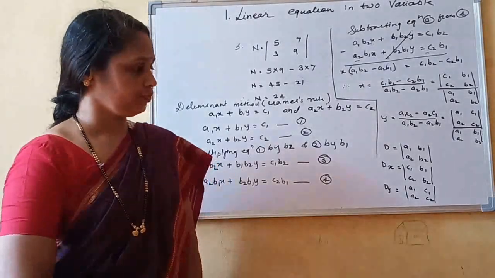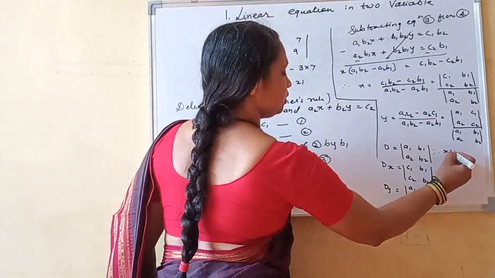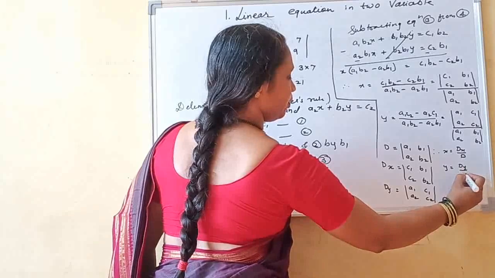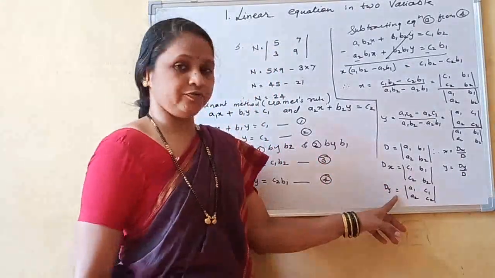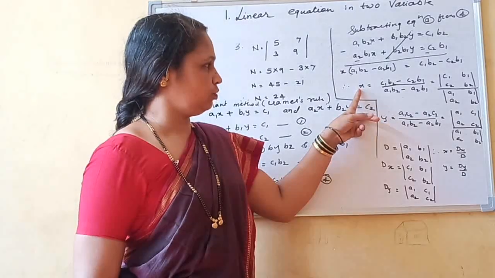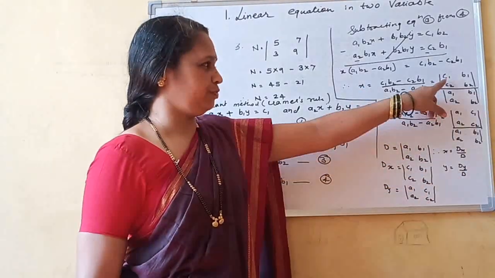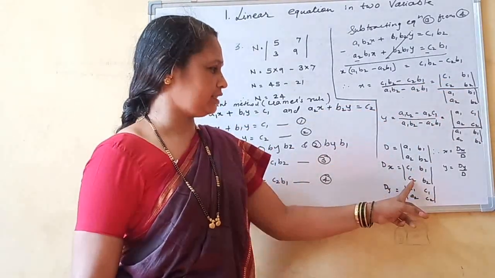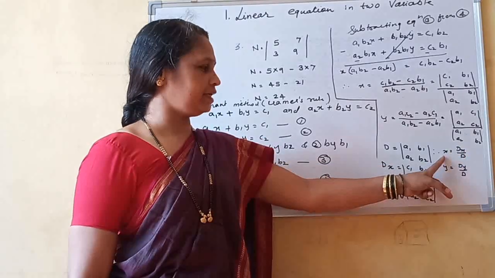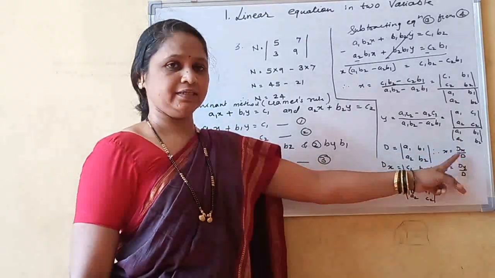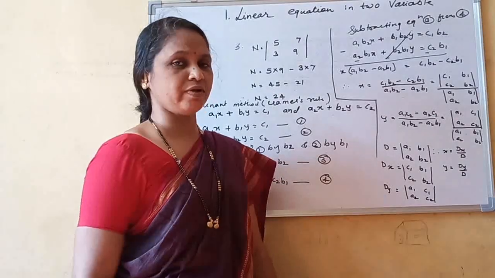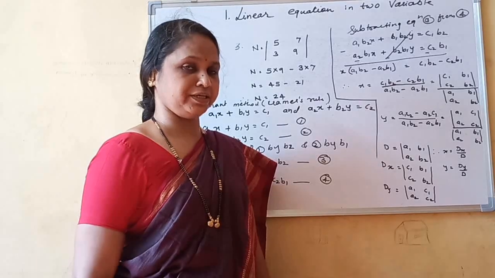Therefore x will be equal to Dx upon D, and y will be equal to Dy upon D. See what we have studied here by solving simultaneous equations: we got x equal to the determinant of C1 C2 B1 B2, which is Dx, and the determinant of A1 A2 B1 B2 is D. So directly we can get x as Dx by D, and y as Dy by D. This method is easy for solving simultaneous equations.